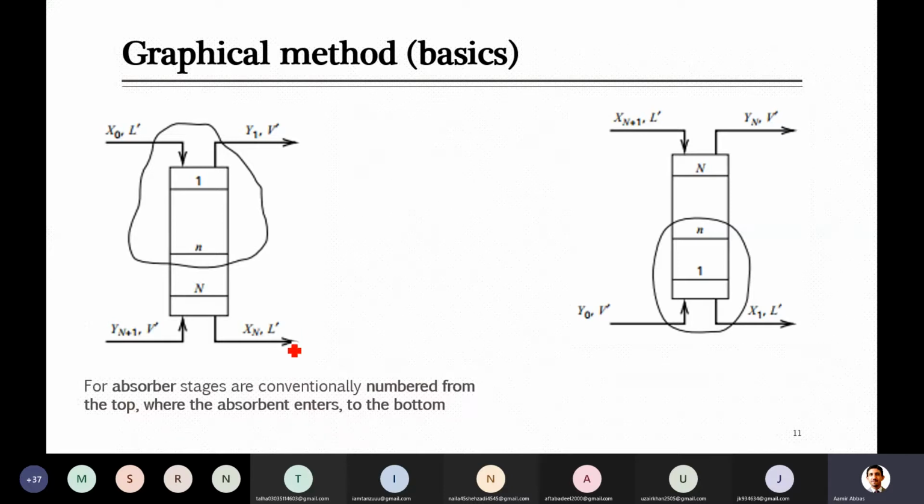We discussed a diagram of industrial equipment in which absorber and stripper are used together. There we saw that the liquid stream which leaves the absorber enters, after a certain heat exchange or some other process, the stripping column.